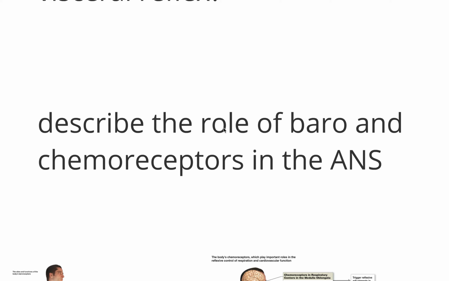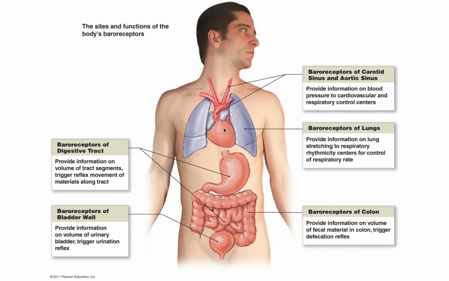Then we want to describe the role of baro and chemoreceptors in the ANS. So baroreceptors are pressure receptors, and one thing they do is monitor our blood pressure. And then if our blood pressure gets too high, it will tell the parasympathetic division to send some stimulation. If blood pressure gets too low, it will tell the sympathetic division to send some stimulation.